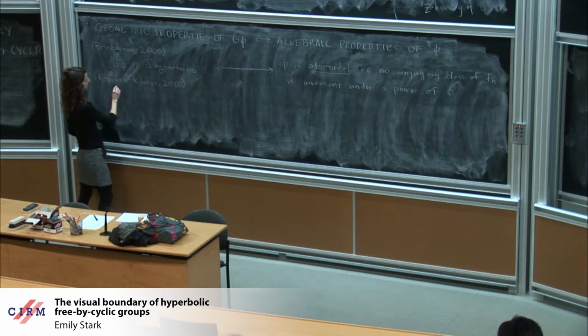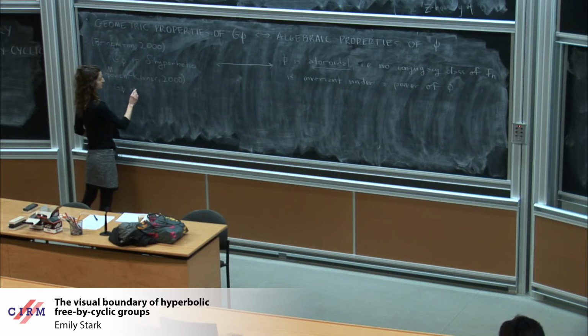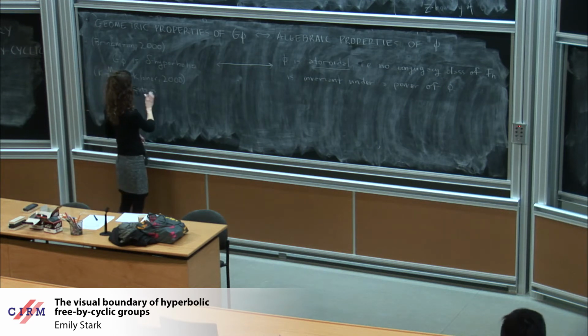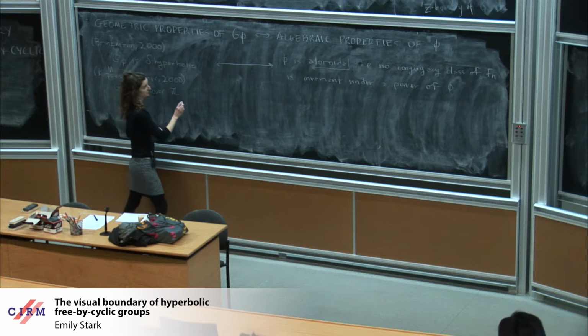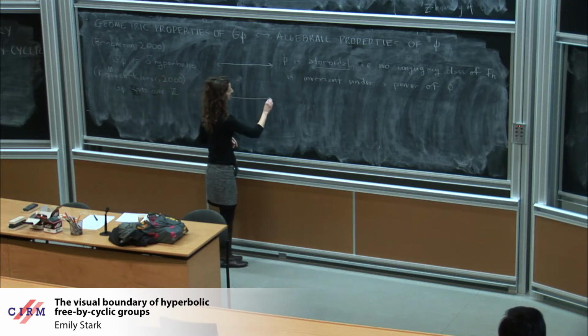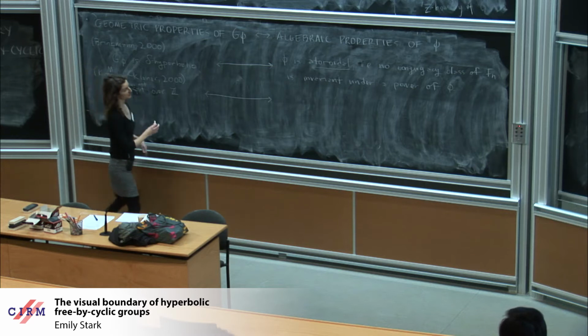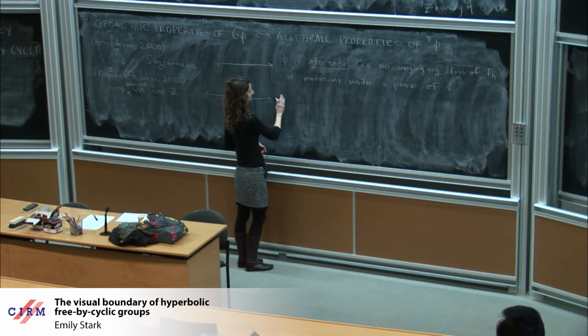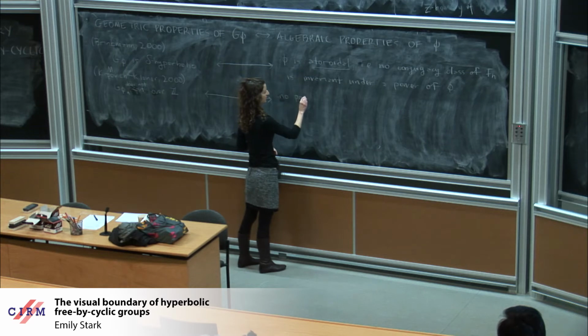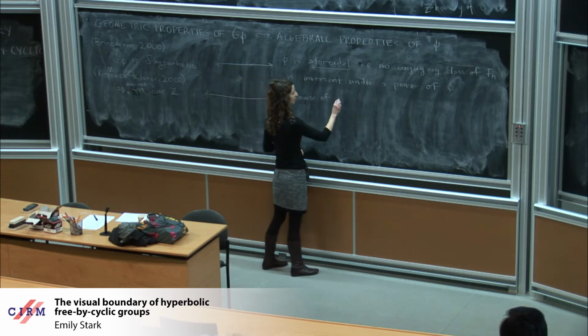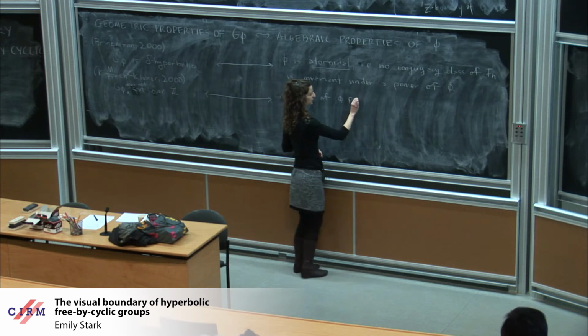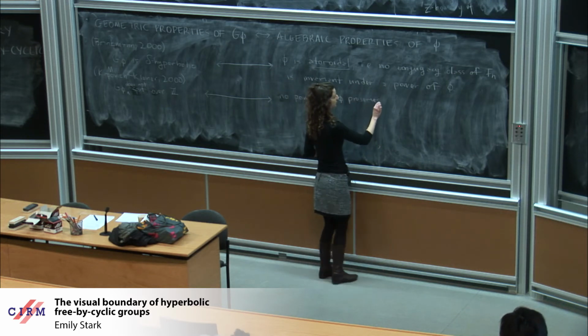They proved that a free-by-cyclic group G phi splits as an HNN extension or amalgamated free product over the integers if and only if no power of phi preserves a free splitting of the free group.